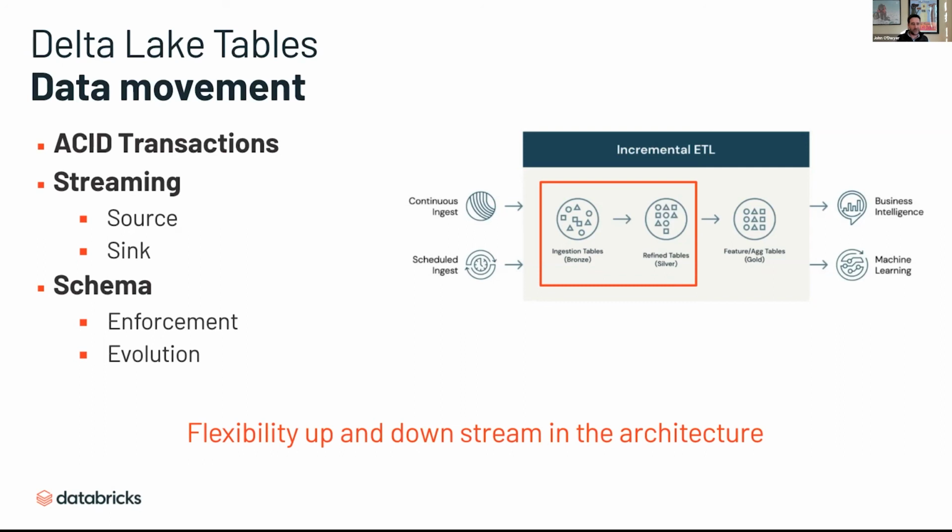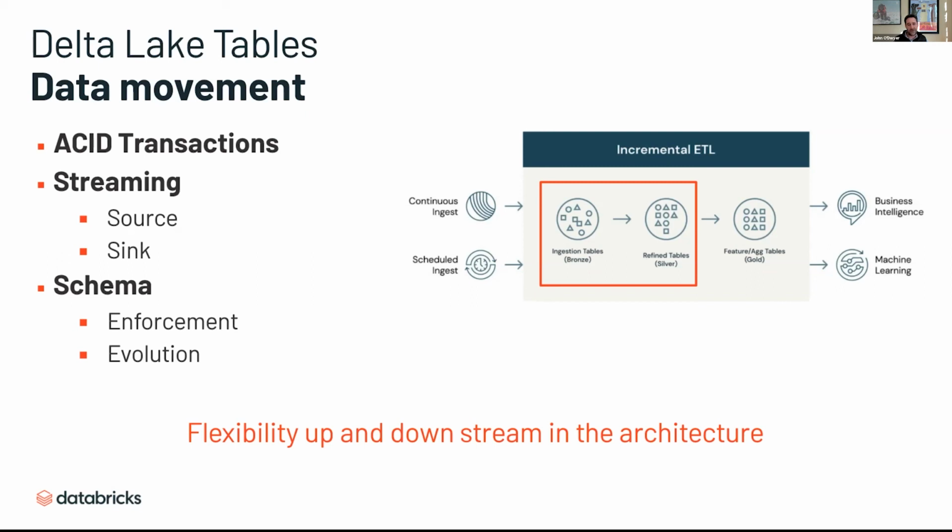This is also built into the ACID transaction nature of these tables. That being that as you have outside sources or outside consumers of these tables, they can read these tables in real time and get the most up-to-date versions of those tables based off of the ACID transactions.